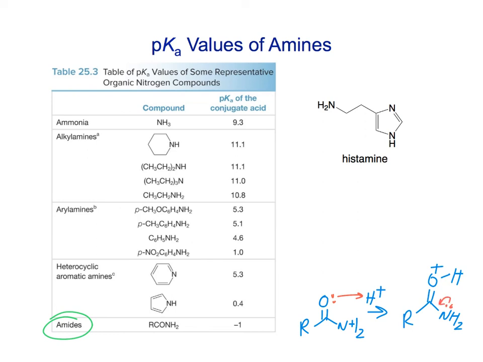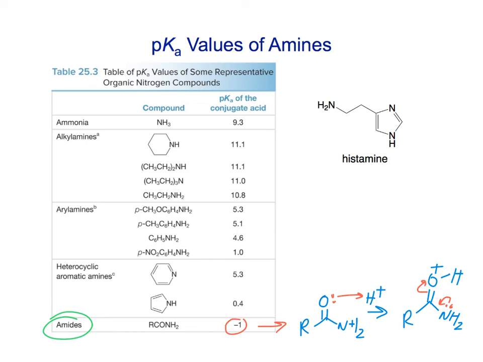So these electrons can be delocalized between the nitrogen and the oxygen. If we put the proton on the nitrogen there, it would be NH3 with a plus on it, and that would be sp3 hybridized, and it can't participate in resonance. Okay, so it makes it less basic, right? So this acid over here has a very low pKa, right? So amides are less basic than any of these other amines.